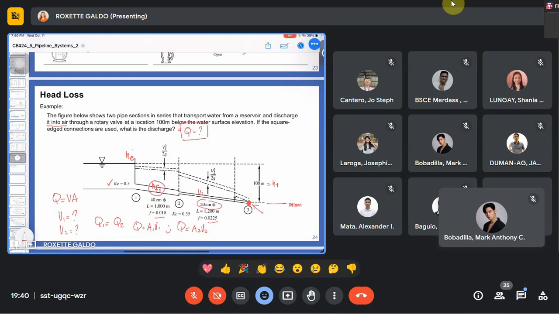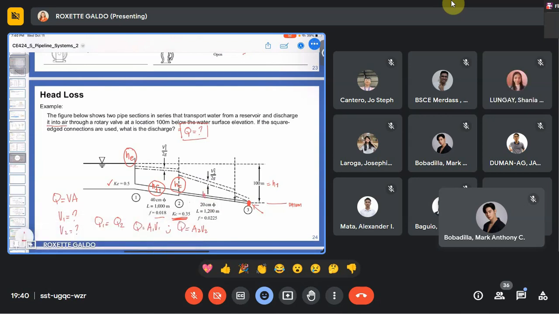What else? Our pipe transitions from 40 centimeters to 20 centimeters. Therefore, it contracts. So we have head loss due to contraction at this point. Hence, we are given the coefficient for the contraction. From the transition, our water now enters pipe 2, where it experiences frictional loss again.